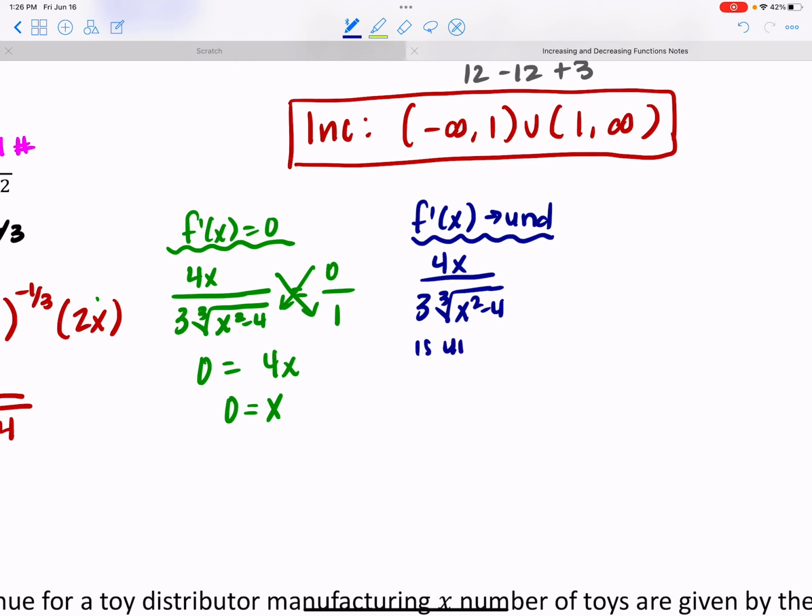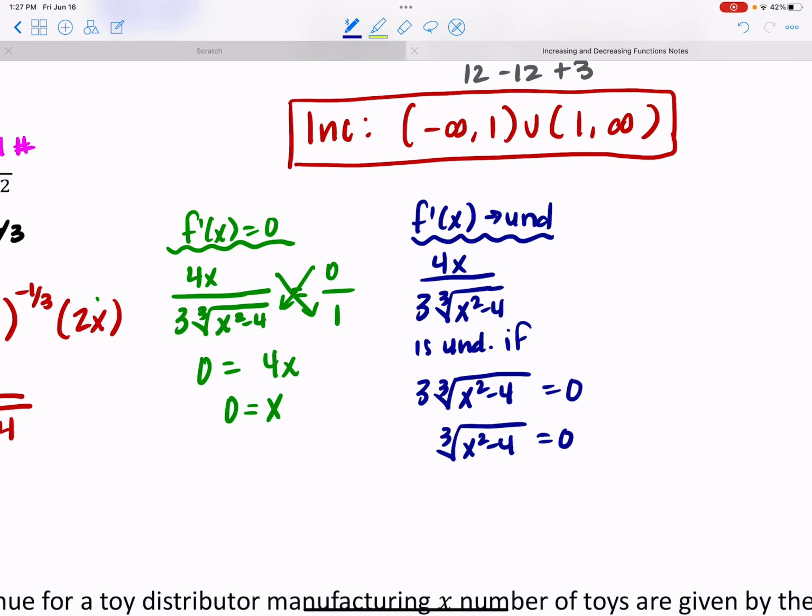It is undefined if the denominator, in this case 3 times the cube root of x squared minus 4, is equal to 0. So we got where the numerator is equal to 0, that makes our function 0, so that's one critical number. Now, undefined, again, when the denominator is equal to 0, so we're going to do a little work to figure that out. If I divide the 3 over, I would still have the cube root of x squared minus 4 equal to 0.